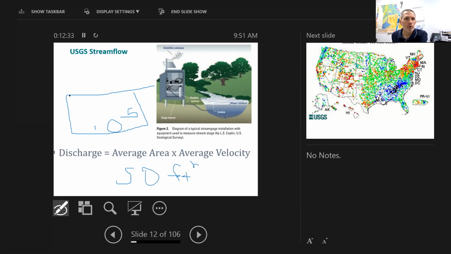And if this water was moving at 2 feet per second, every second it was moving 2 feet, then the average discharge of this would be 100 cubic feet per second.